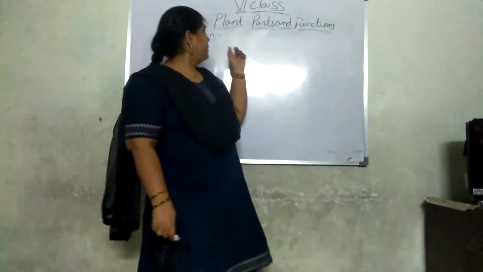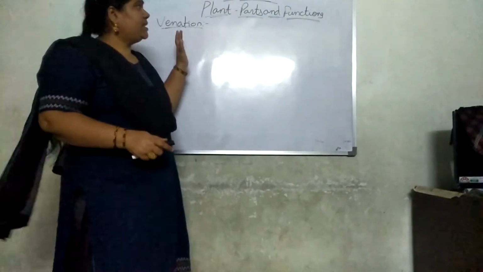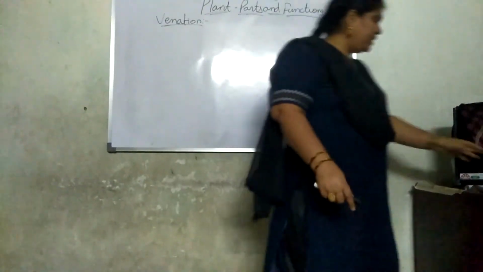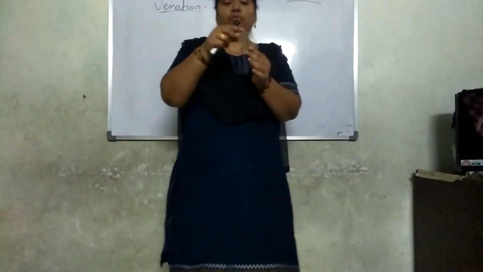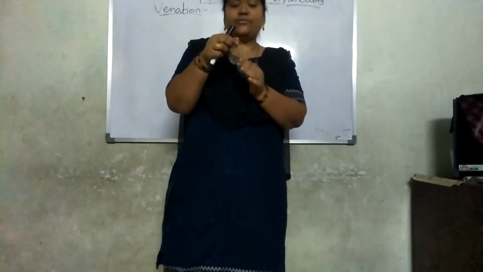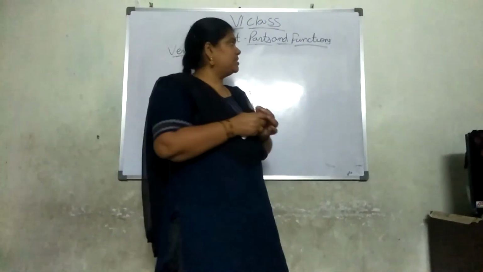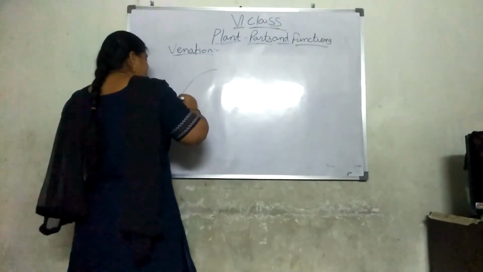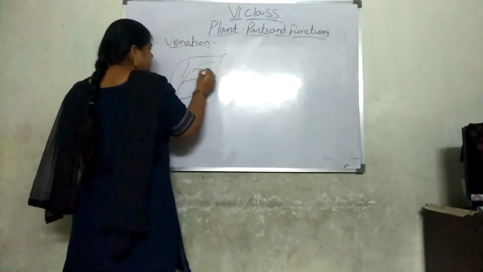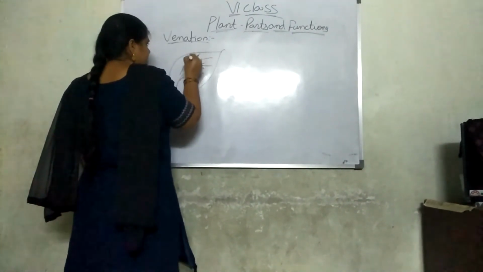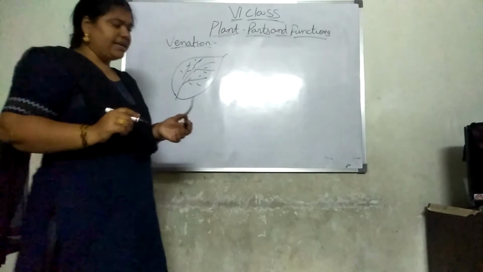So now we are talking about venation. For the leaf, we discussed the different parts. Now, what is venation? This part of the leaf, the shape of this leaf, comes under venation. In this venation, when we take a leaf like this, the veins and veinlets present in the leaf come under venation.